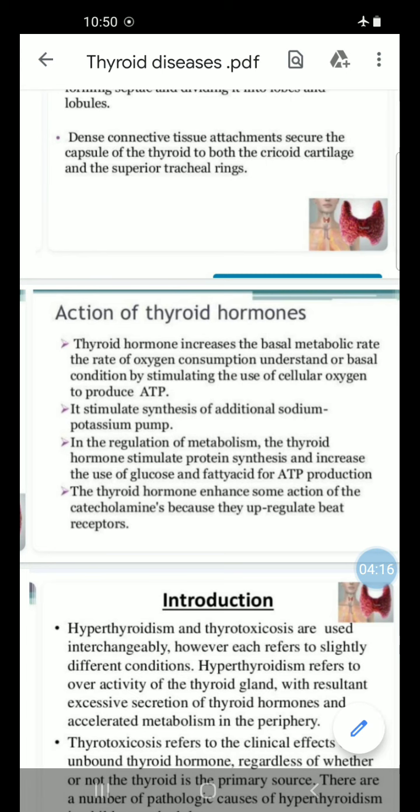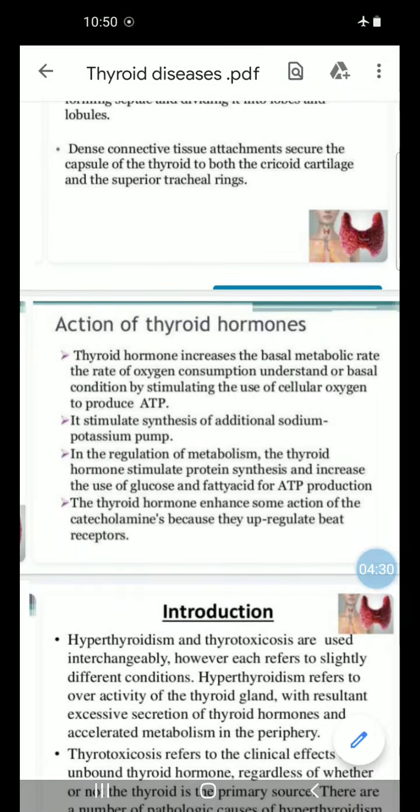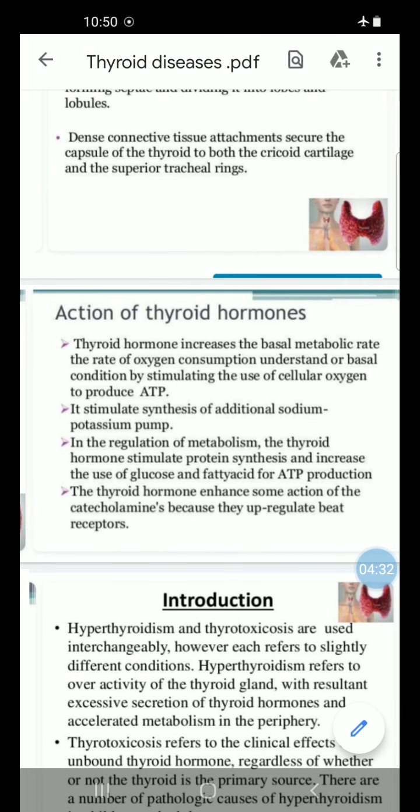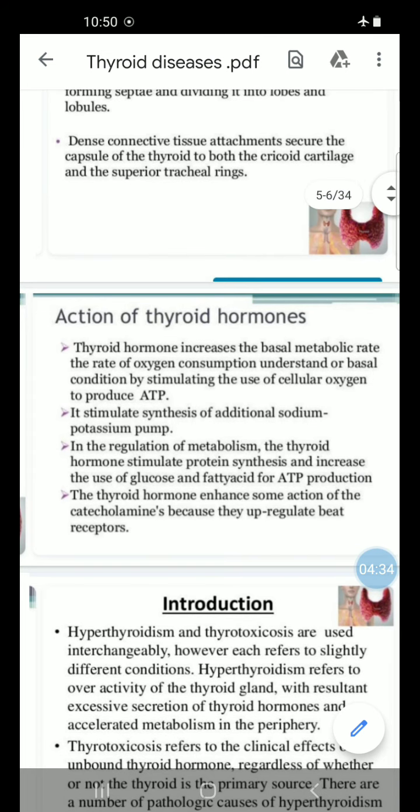I'm repeating here. Thyroid hormone increases the basal metabolic rate and the rate of oxygen consumption under basal conditions by stimulating the use of cellular oxygen to produce ATP.